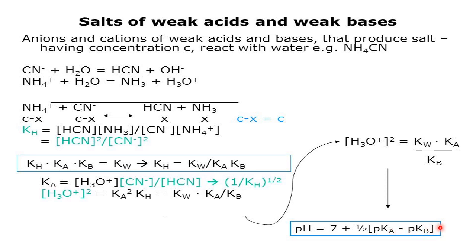If these two values are known, then we can automatically calculate the pH of a salt. The derivation is given here, which is beyond the textbook and not in the syllabus. Kindly go through it as extra work. But only the formula you should practice. Using this formula, we will calculate some numericals. This formula is used to calculate the pH of salts of weak acid and weak base.